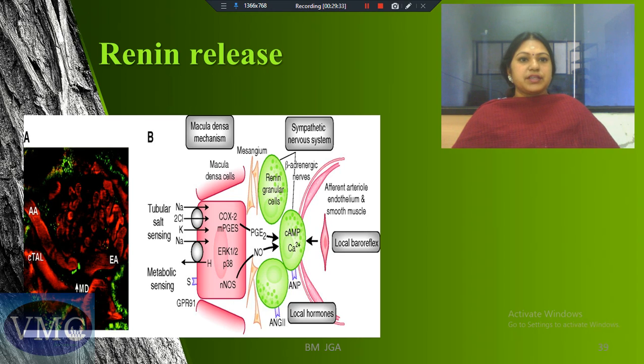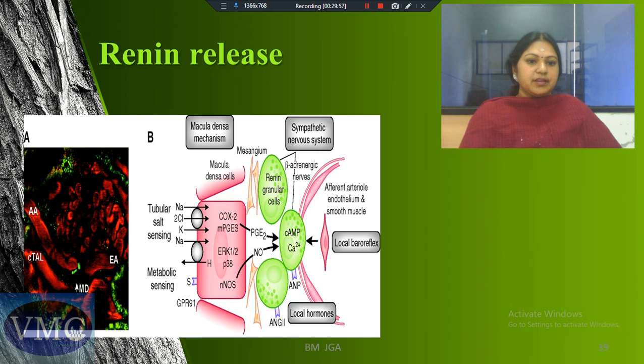So how does this renin release occur? We know about the inhibition of renin release by an increase in the intracellular calcium levels of the juxtaglomerular cells. So how does this renin release occur? This is also by the macula densa, isn't it? There is less sodium chloride there, no ATP formed, no adenosine formed. But what causes renin release?